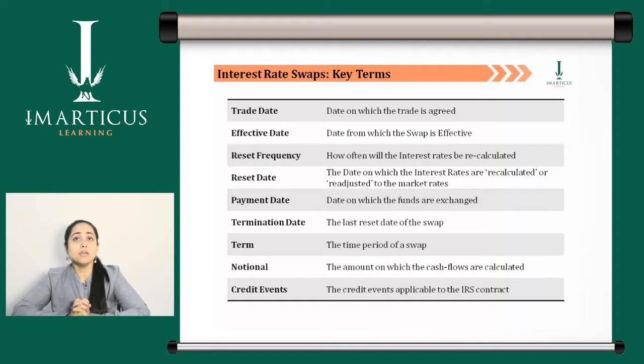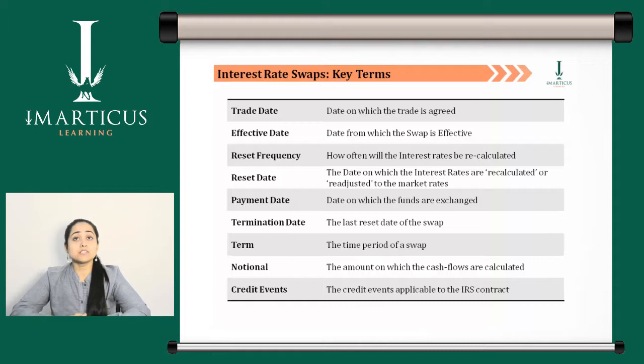It could be monthly, quarterly, semi-annually, yearly, etc. The reset date is the date on which interest rates are recalculated or readjusted to the market rates. On the payment date, the funds are exchanged between two parties. The termination date is the last reset date of the swap.